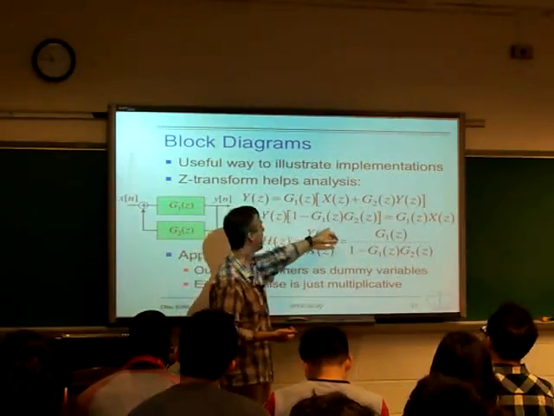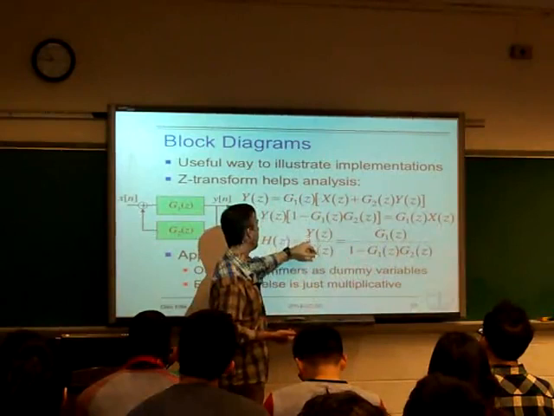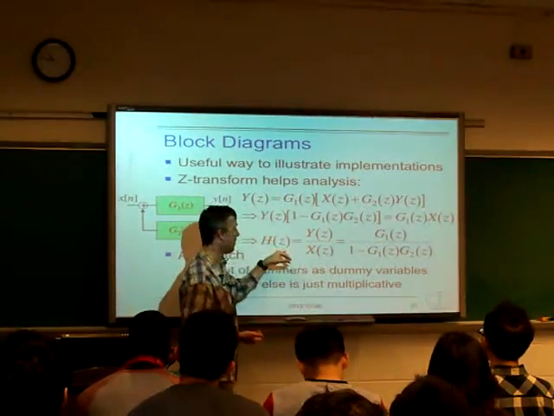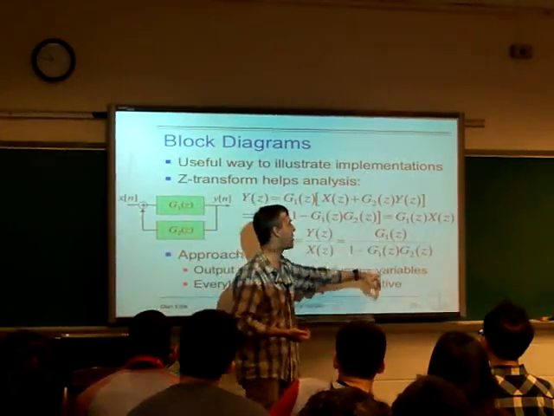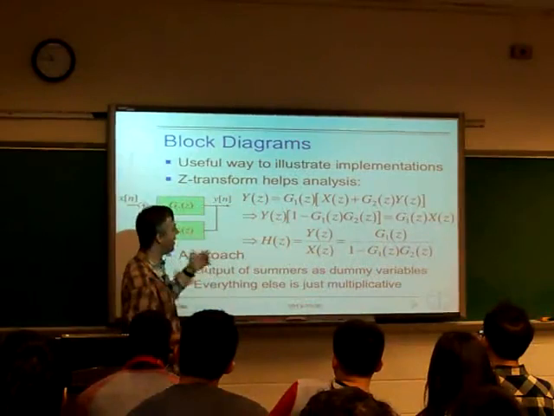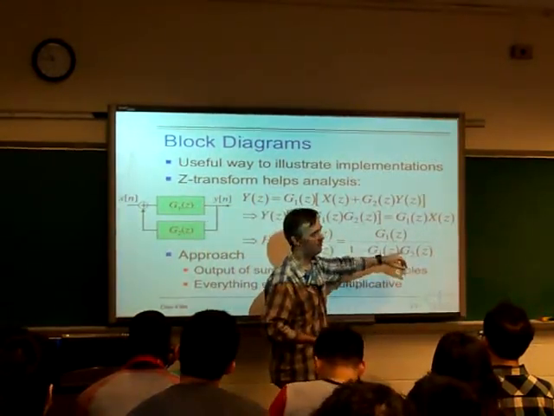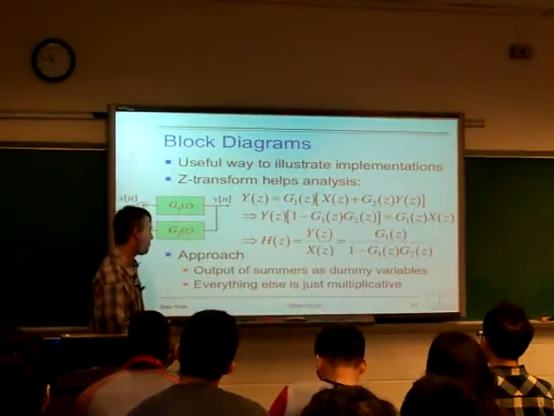Then we divide through by the factor that we're multiplying y by and divide both sides by x. So we get y divided by x, which is what you multiply x by to get y. So here's the transfer function in terms of these gains. And this is the familiar feedback, 1 minus loop gain denominator situation.